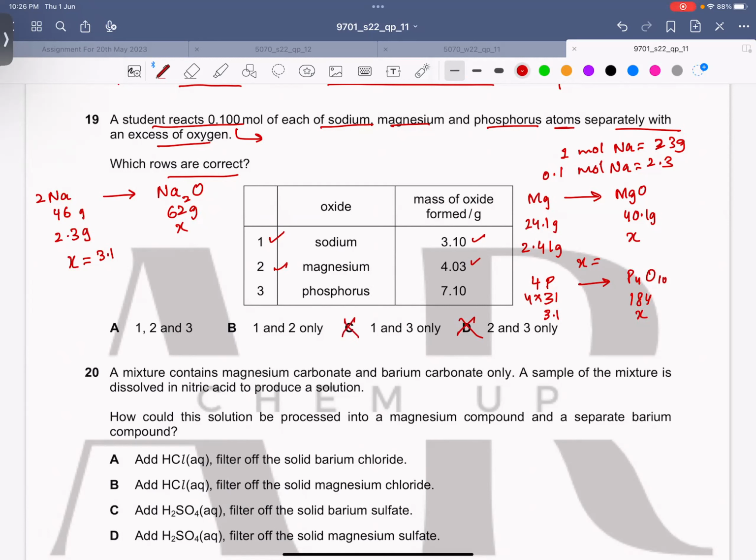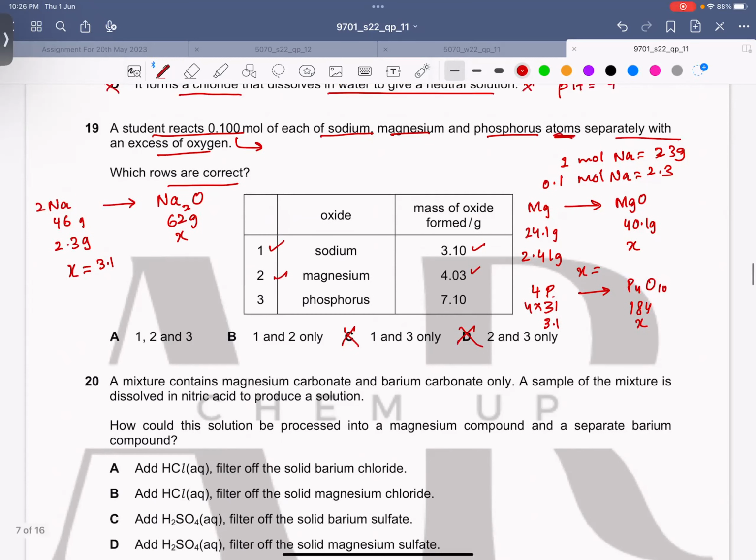E goes wrong because the second statement is correct. Because there is a phosphorus atom, so we are taking the atoms only. And they have said that you have to take 0.1 mole. So if you are taking 0.1 mole, then the mass of 0.1 mole is 3.1. You can calculate it, then you will find it.